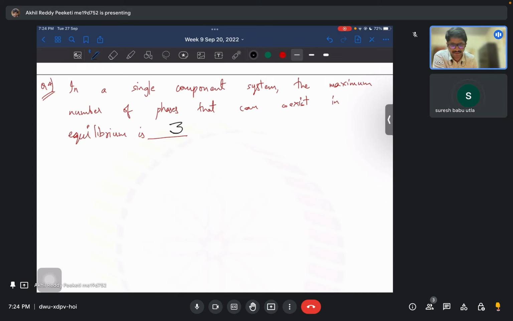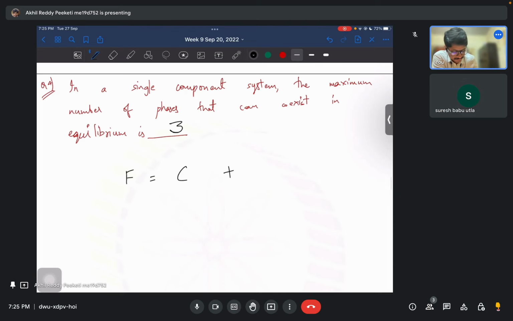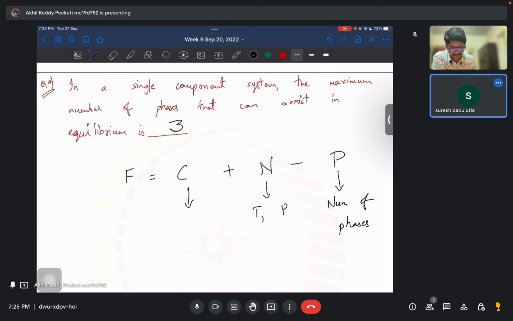So the way you can find that is, you know the degrees of freedom is related to the number of phases at a given point, the number of independent non-composition variables like temperature and pressure, and the number of components. Okay.